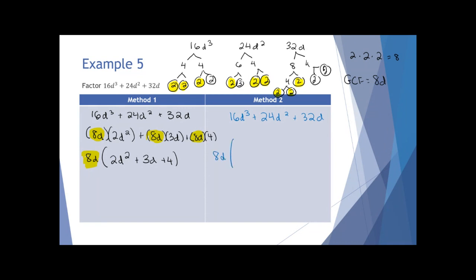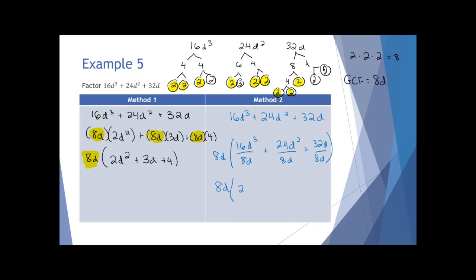So I start with my GCF in front, and then I take each of these and I write it as a fraction over the GCF. And then my next step is to divide.